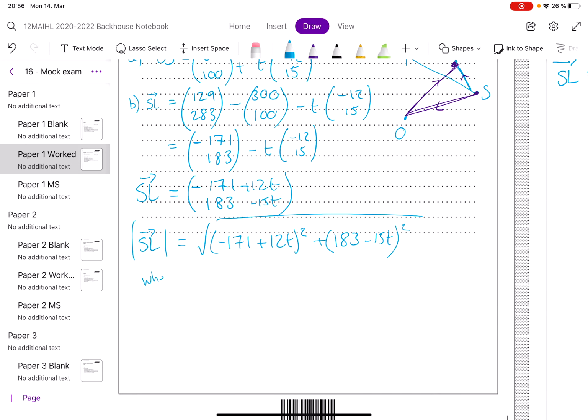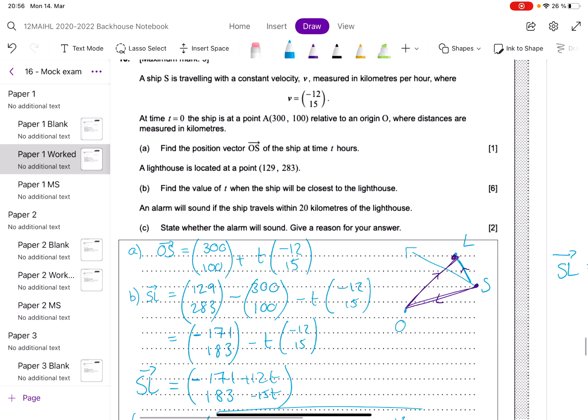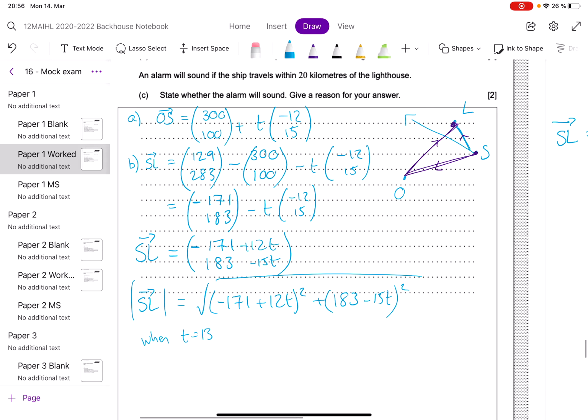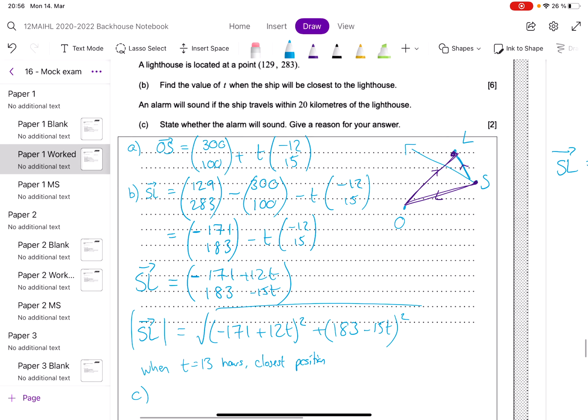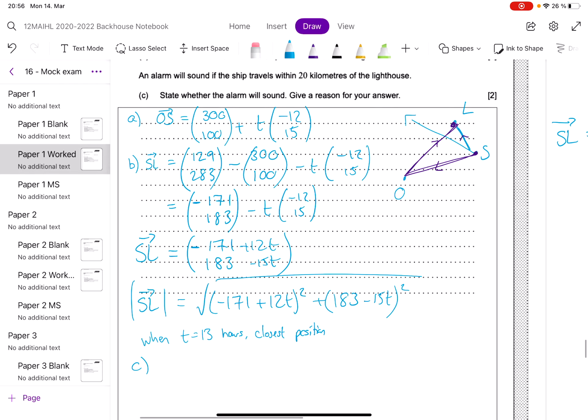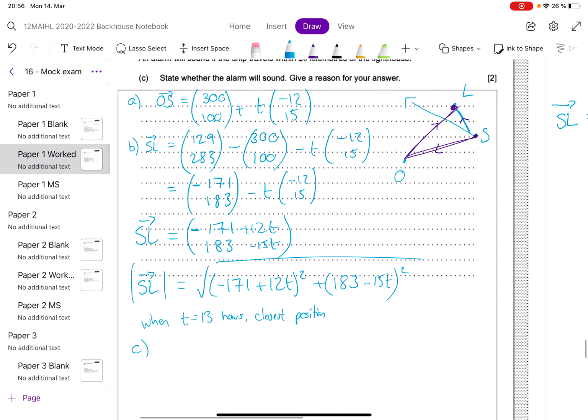So when t equals 13 hours, closest position. Okay. And then finally, just to finish the question off, an alarm will sound if the ship travels within 20 kilometres of the lighthouse. State whether the alarm will sound, give a reason for your answer.